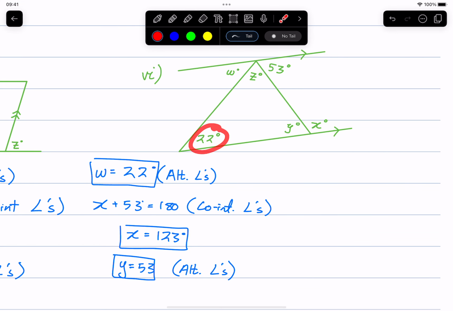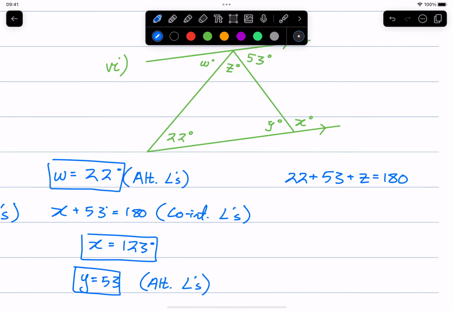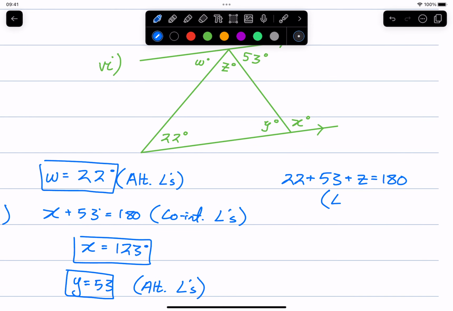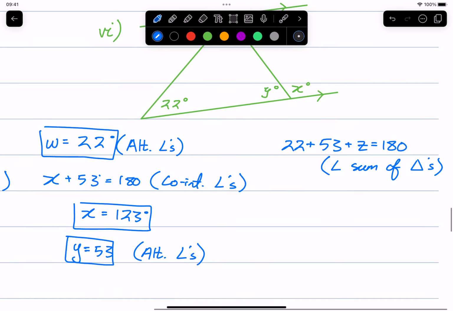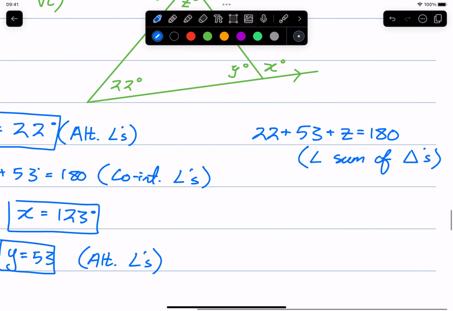So 22, which was W, Y, which is 53, and Z. So 22 plus Y, which is 53, plus Z must equal 180 degrees. That is the angle sum of triangles.